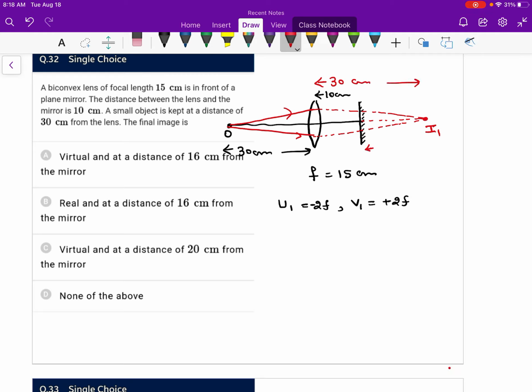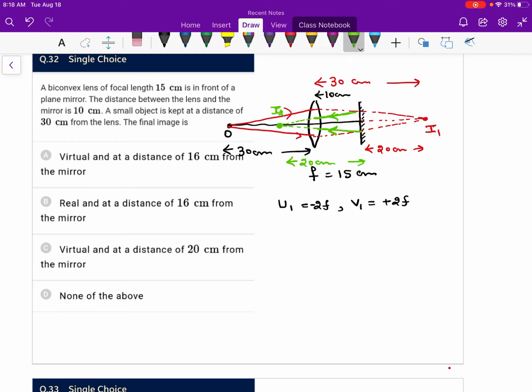So the distance from the mirror is 20 centimeter. The plane mirror will form an image in front of it at a distance of 20 centimeter. This is I2.